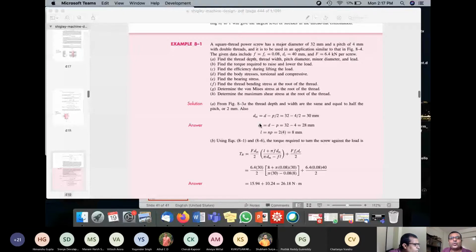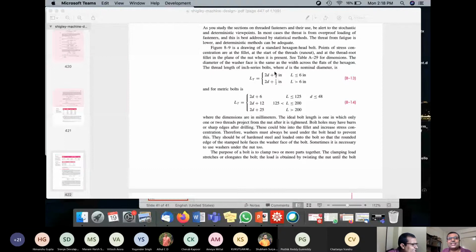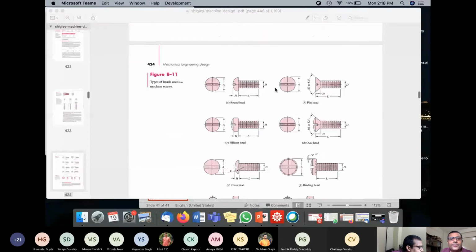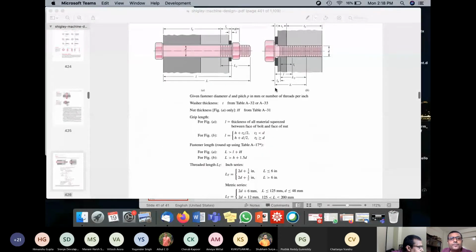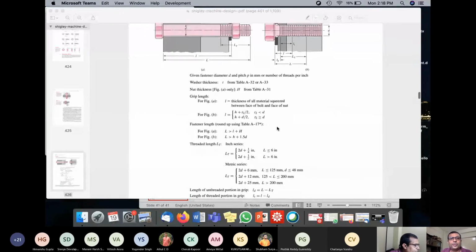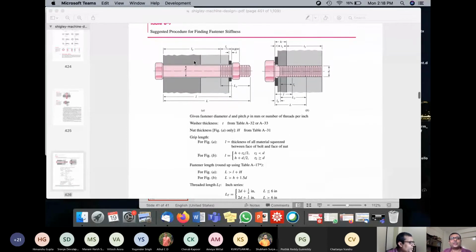Typically, for a metric thread, the thread length is 2D plus 6. This is the thread length actually. Let me see the total length. How do you find it? Total length also you can find. Yes, so this is the total length.